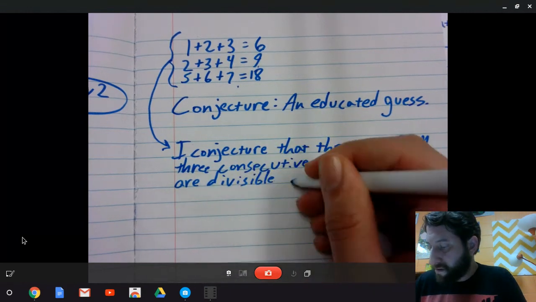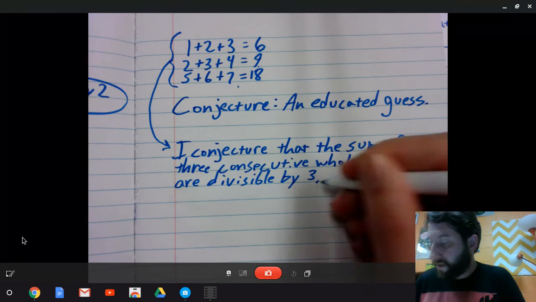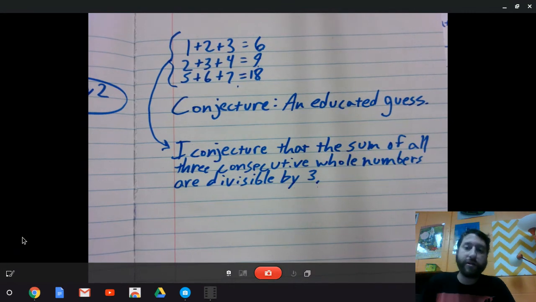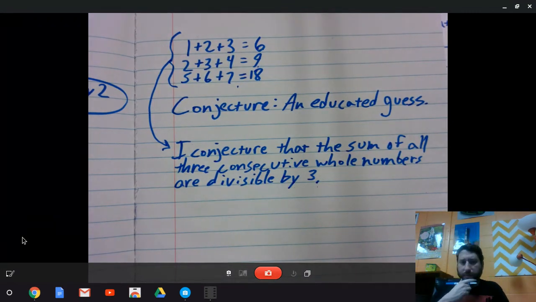All right, so I conjecture that the sum of all 3 consecutive whole numbers are divisible by 3. All right, so that looks good.